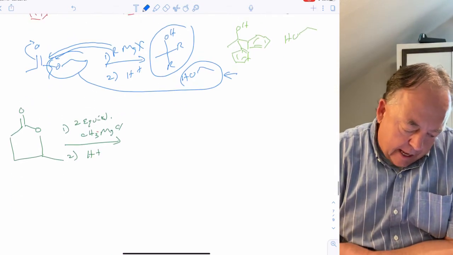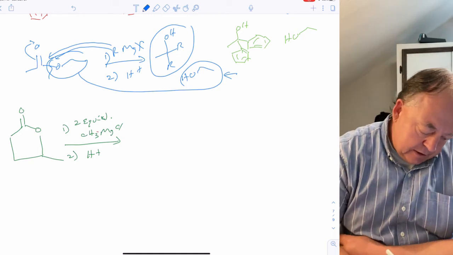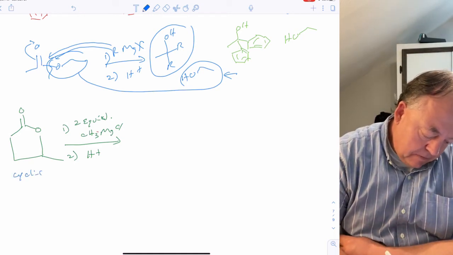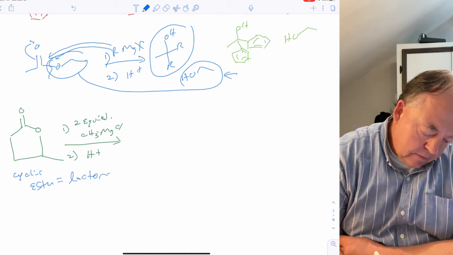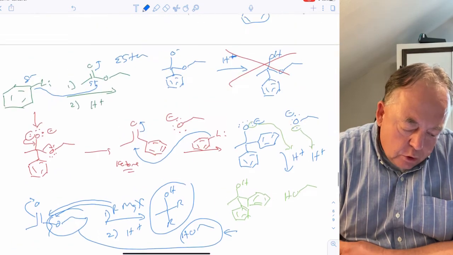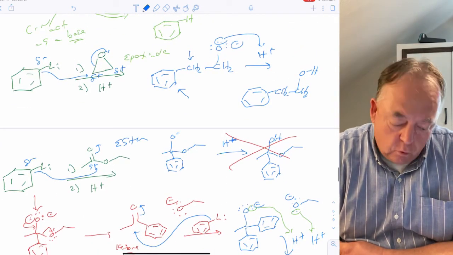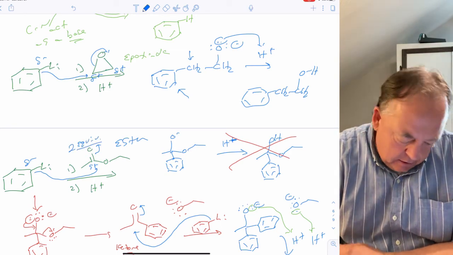Okay, so if we take that, and this is a little bit similar example, but a little bit more complex. So this is an ester. It's a cyclic ester, which is called a lactone. Organic chemists are notorious about not balancing reactions. So technically you need two equivalents of this, but it may not be shown like that.